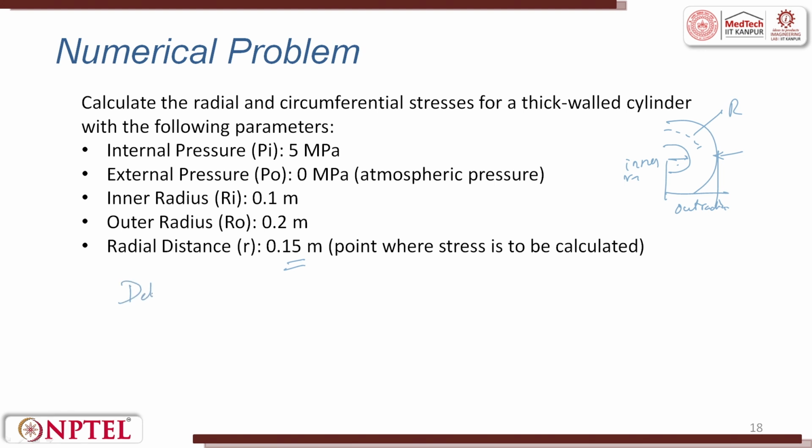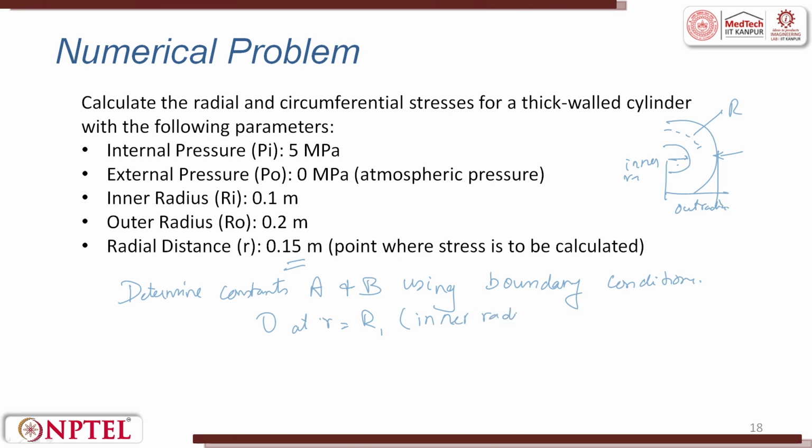So, that is 0.15, the point where stresses are to be calculated. So, what are we supposed to do? Determine constants A and B using boundary conditions. At r equal to R1, where it is the inner radius, sigma r equal to Pi.